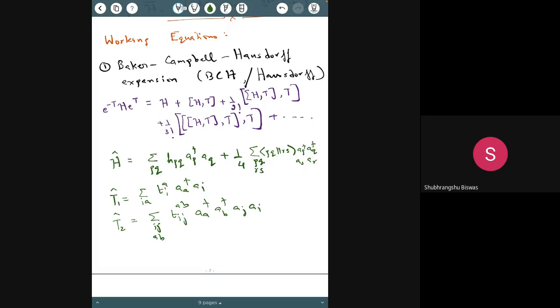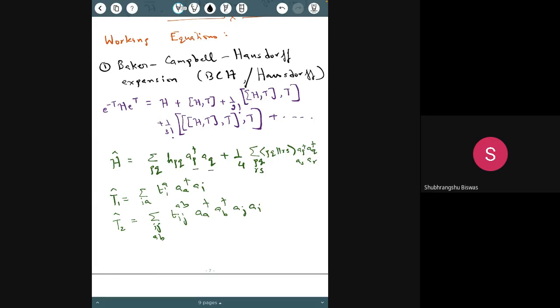I will get these strings of creation annihilation operators. And these creation annihilation operators you have in the Hamiltonian have general orbital labels. So P and Q can either be IJKL or they can be ABCD.